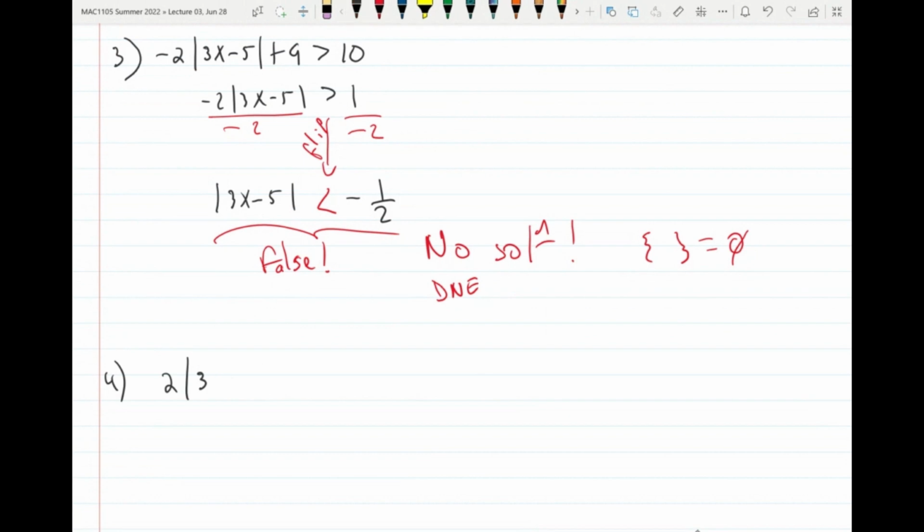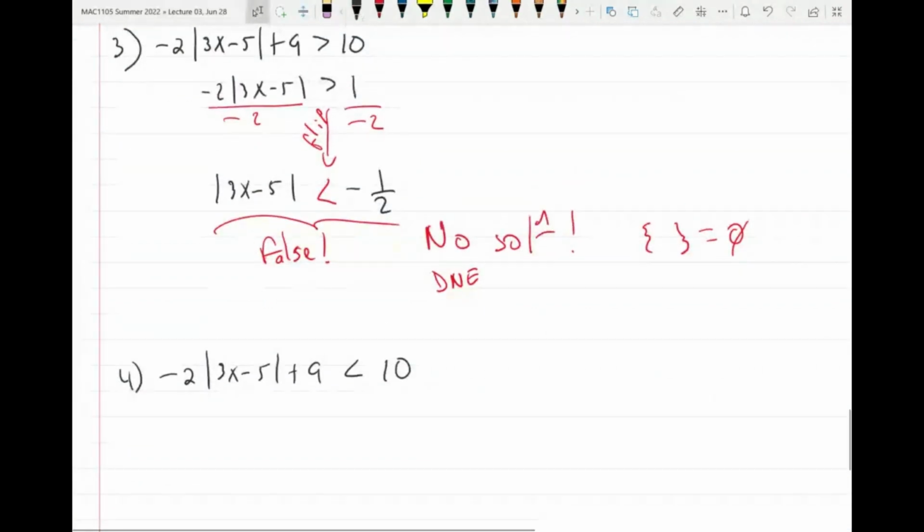But actually, same problem. And now let's do this. So all I did was I flipped the sign. Instead of greater, I put less than. Okay? The rest is the same as before, just instead of greater than, I put a less than.